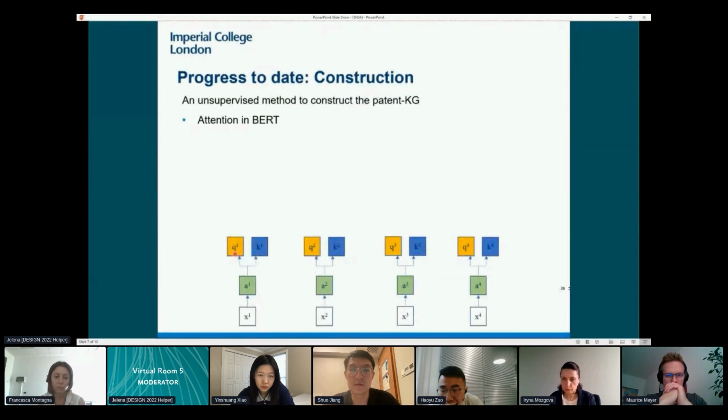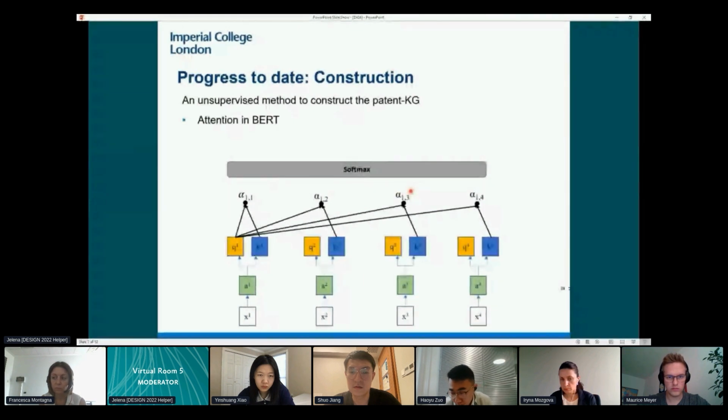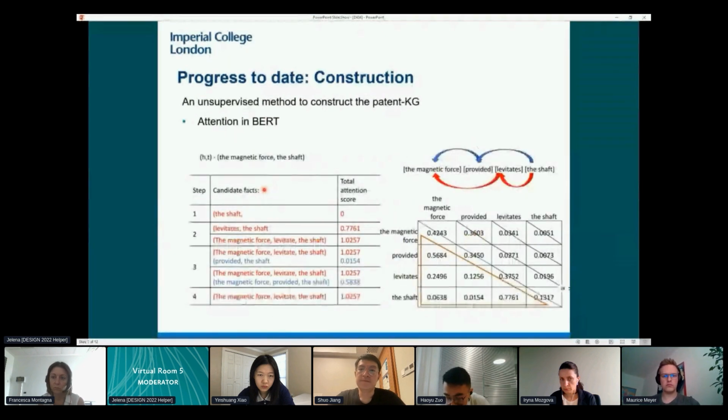For example, the query vector will have a dot product with the key vectors k1, k2, k3, and k4. Then softmax is applied over all the scores, A11, A12, A13, and A14 to normalize them to be positive and sum to be 1. Then the attention score with a cap here decides how important it is when referring to the query vector. So after the calculation, the attention graph or the attention matrix will be obtained like this figure.